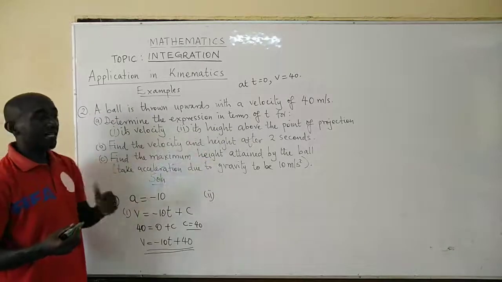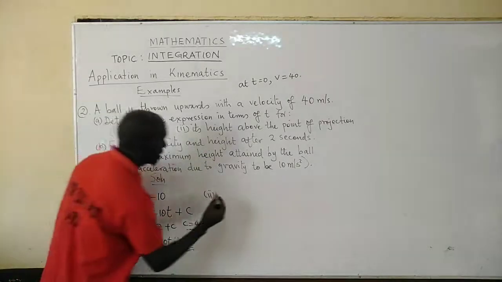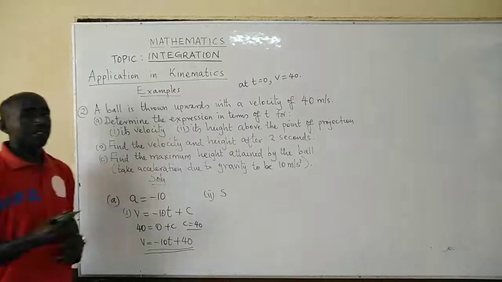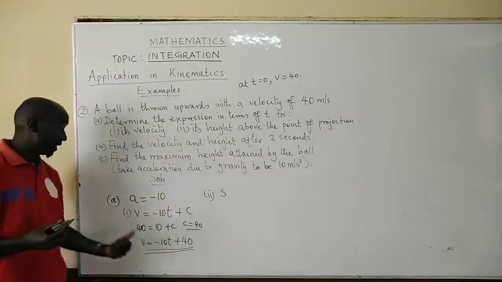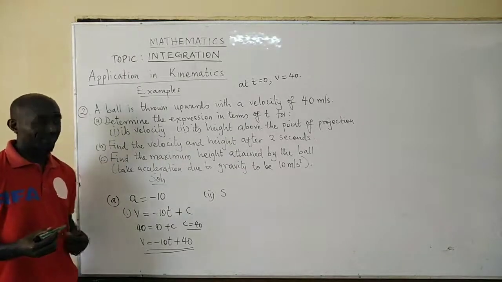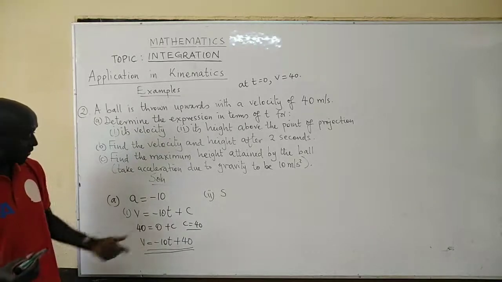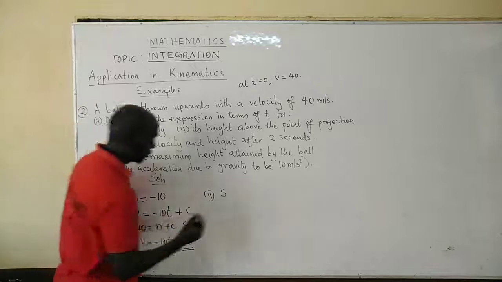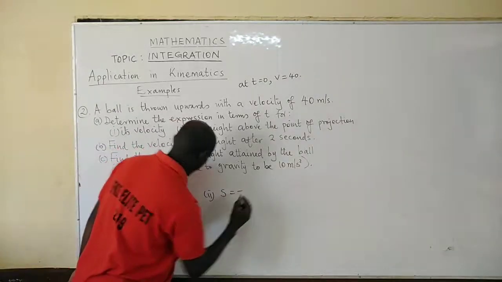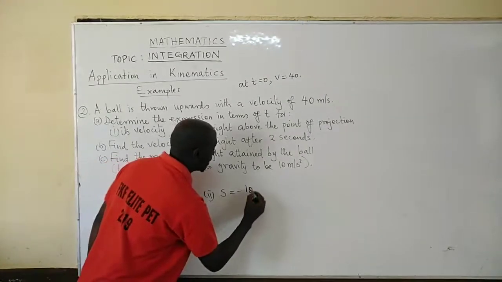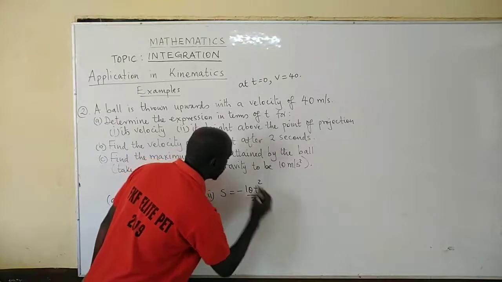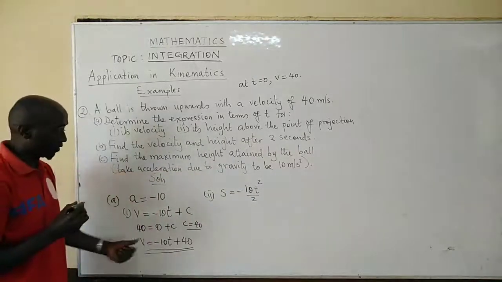Let's look at number 2, the expression for displacement. Height is the same as distance or displacement. And remember, to get distance or displacement, we integrate velocity. So we just integrate what we just obtained here. We integrate negative 10t plus 40. We will have negative 10t squared over 2. I hope you have not forgotten how to integrate.